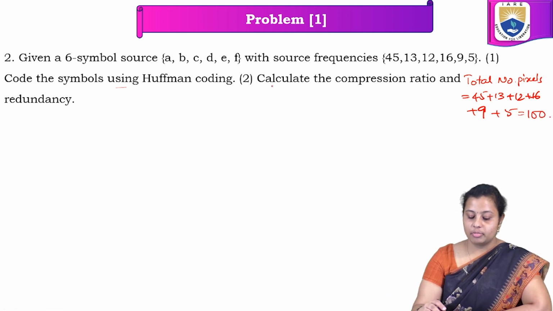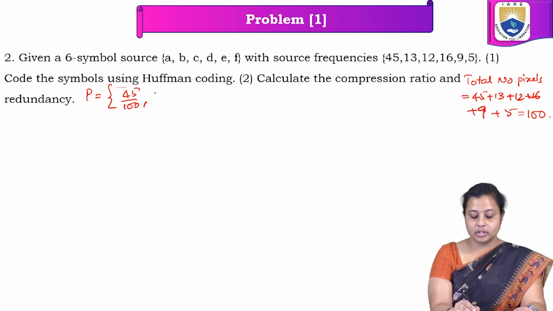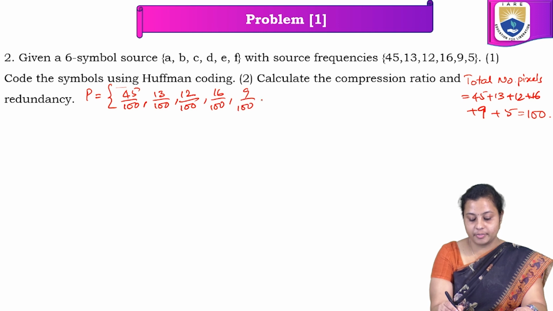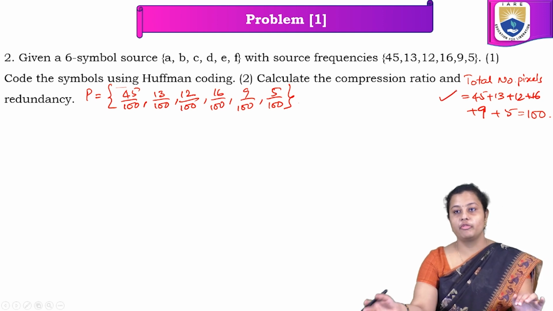So now the probability of each source symbol can be written as 45 by 100, next 13 by 100, 12 by 100, 16 by 100, 9 by 100, 5 by 100. So first we calculate the total number of pixels.